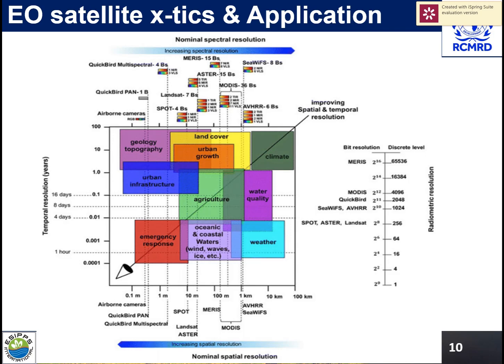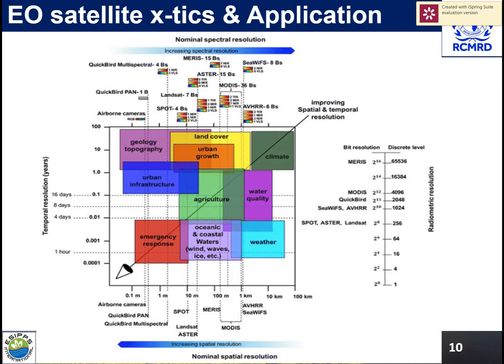The spectral resolution also has to be high, but radiometric resolution can be lower, because it will require data sets having a radiometric resolution of between 16 to 34 bits of data.